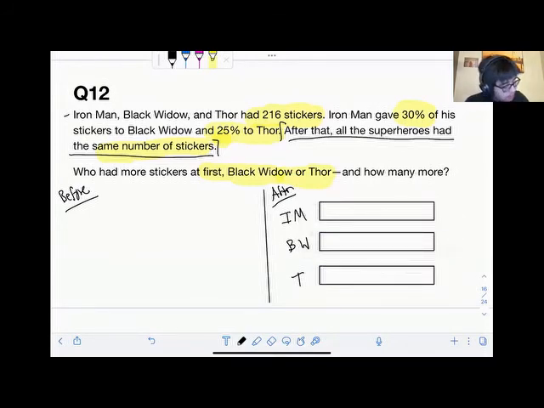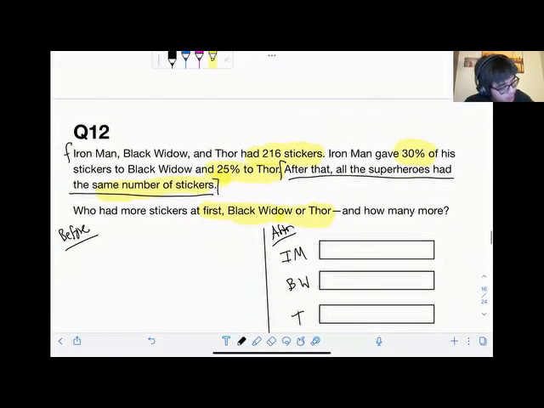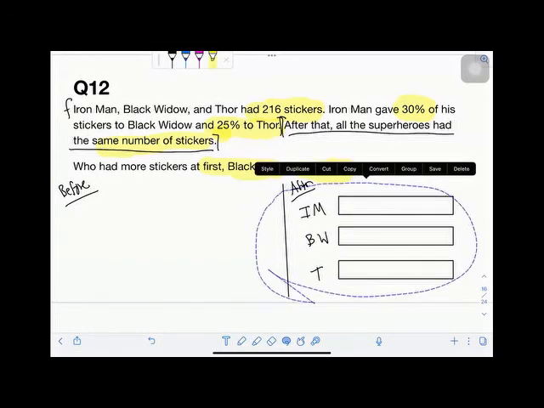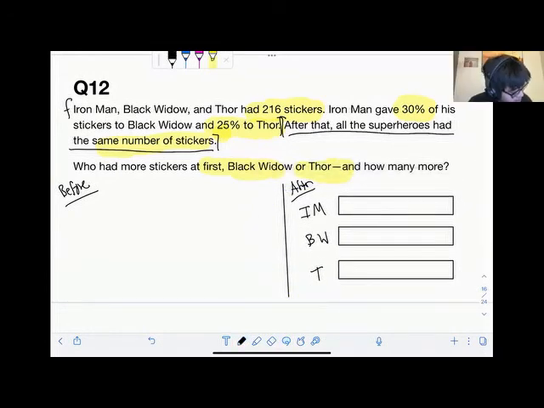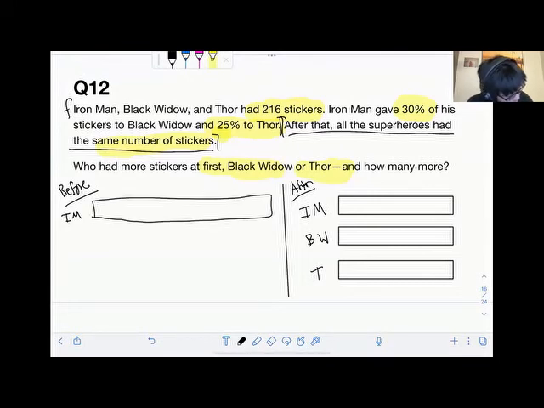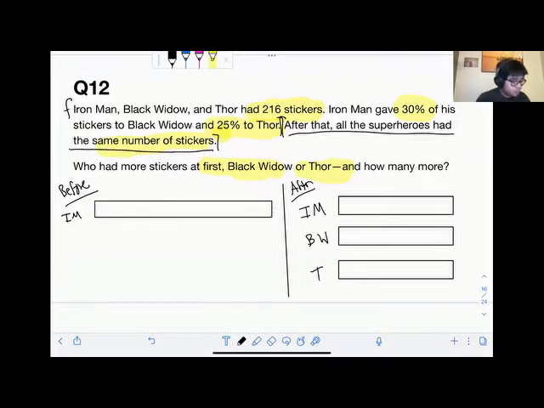Okay. Tas ma'am, dito sa first sentence, sino ba ang nagbibigay ng mga stickers? Si Iron Man, sir, so siya po yung pinakamahaba sa kanilang tatlo. Okay, very good. Si Iron Man actually siya muna yung i-drawing natin. Mahaba.